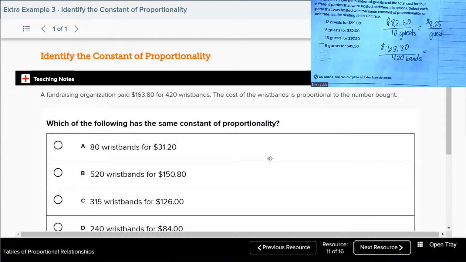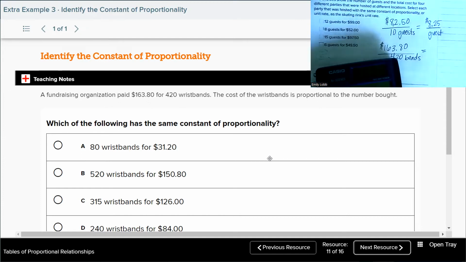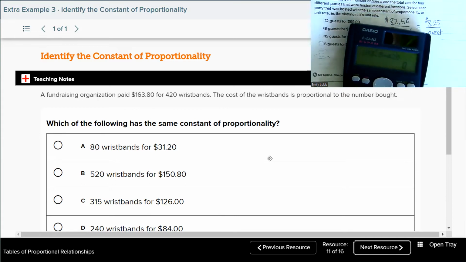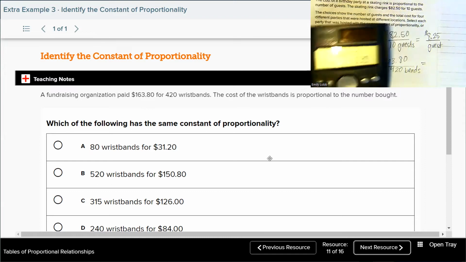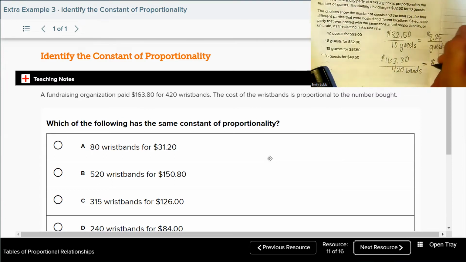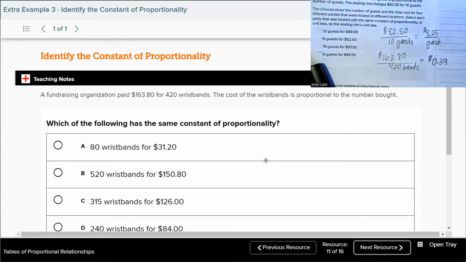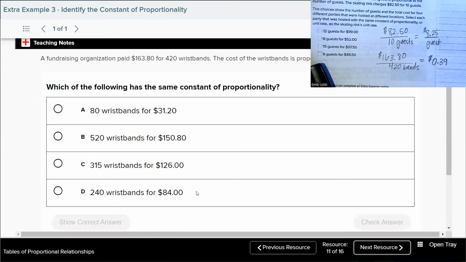So if we put that into our calculator, 163.8 divided by 420. Sorry, it's easier to see when I turn that on. And that equals 39 cents a band. So which one of these was also 39 cents a band?